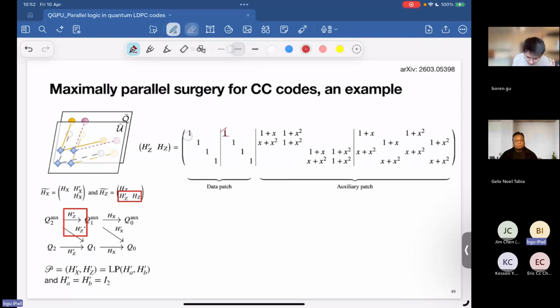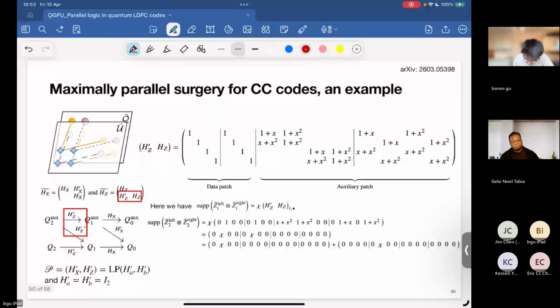For the first measurement, it is 1 on the first position, and for the second measurement, it is 1 on the second position on both sectors. This is sector 1, this is sector 2. This is simply achieved by choosing HA prime and HB prime to be identity matrices. Identity tensor identity, you get an identity of size 4, and two identities of size 4 give you this HZ prime.